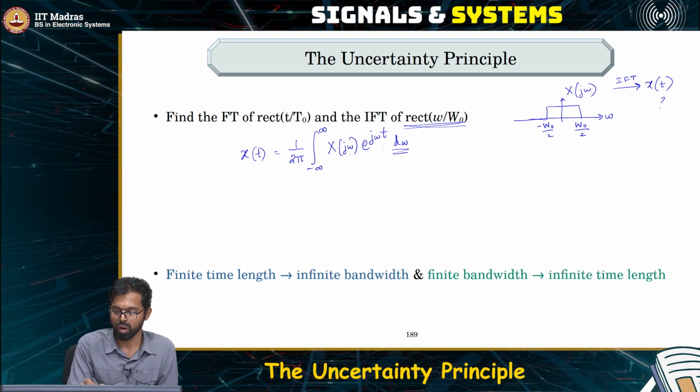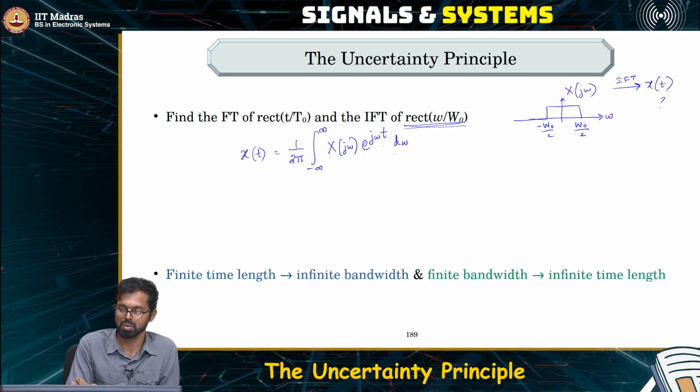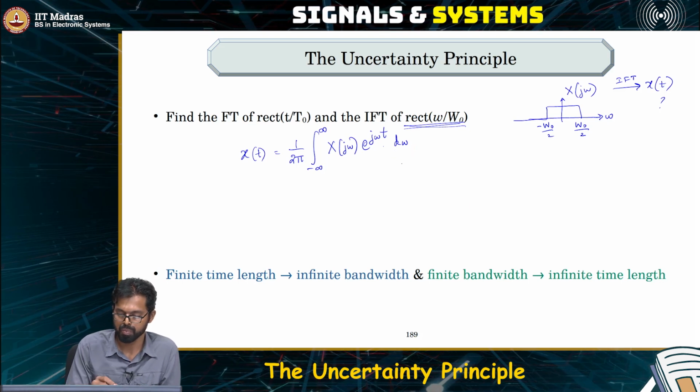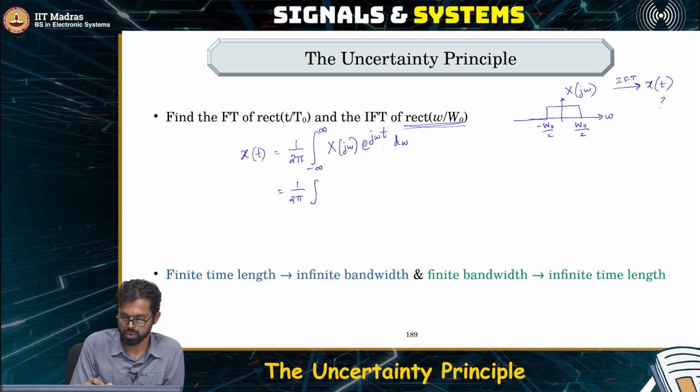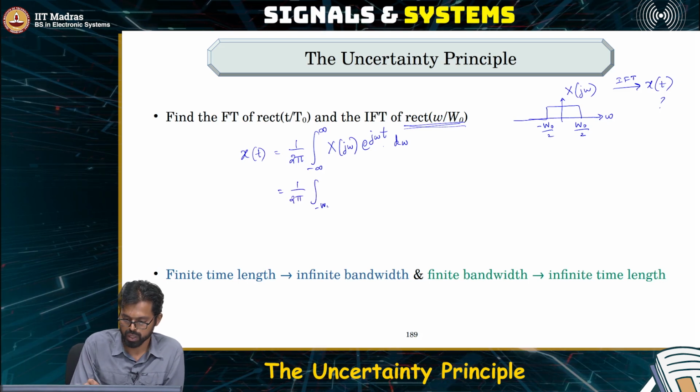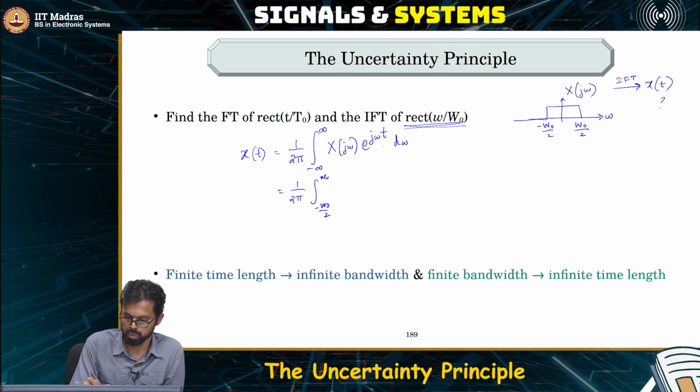So you are going to add all phasors, right? So it is over all frequency. So what is this? This is 1 by 2 pi. Of course, this is 1 only between minus omega naught by 2 to omega naught by 2.